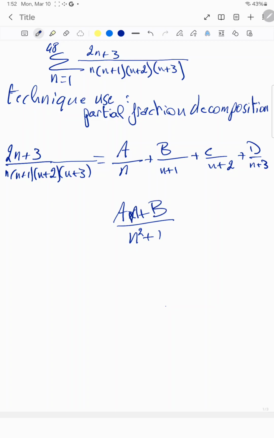And if my denominator was (n squared + 1) times (n + 2), for the second one I will use c over (n + 2), and then I will continue doing the partial fraction decomposition for that problem.